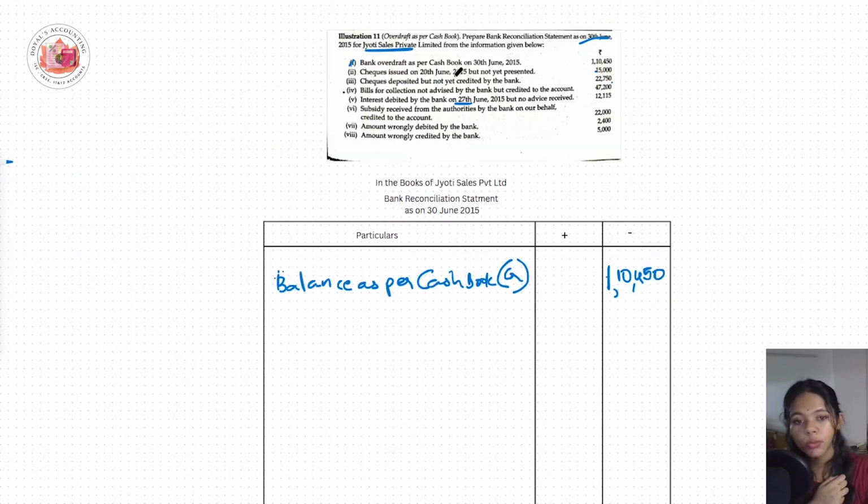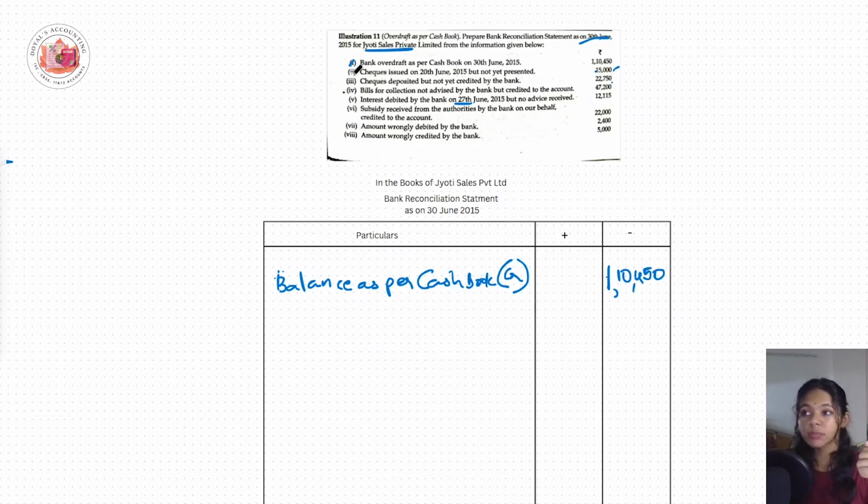Let's see the first transaction. Checks issued on 20th June 2015 but not yet presented, 15,000. So this is our normal case wherein checks have been issued but they have not yet been presented to the bank. This means that our cash book balance is lesser than our passbook balance. In our passbook, that amount has not yet been deducted.